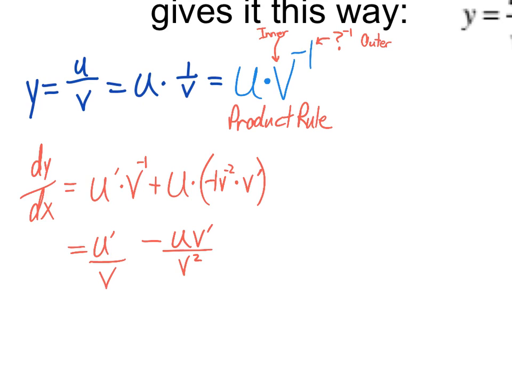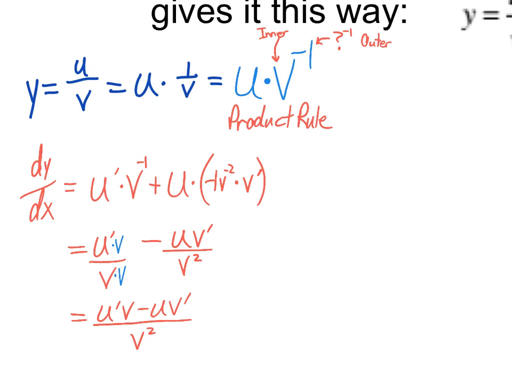Now you'll notice these almost have the same denominator, so I'm going to multiply by v over v to get a common denominator, and now I can put it together, and look what I have. u prime v minus u v prime over v squared. Low d high minus high d low over low squared. There's our quotient rule.